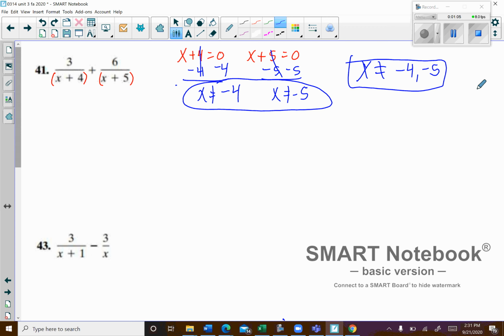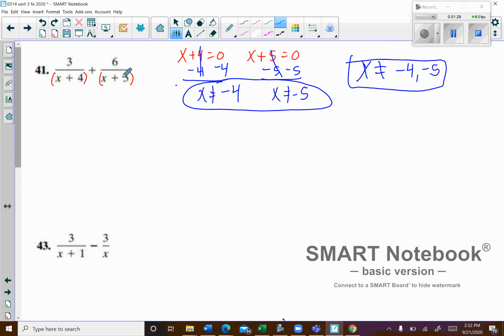Right now we're not solving because there's no equal sign. Right now we're just practicing some algebra here. What we want to do is add these together, and so we have to have that common denominator. Now notice I put them in parentheses, and I talked about this in a previous video, that it's all or nothing. They're together. X plus 4 stays together.